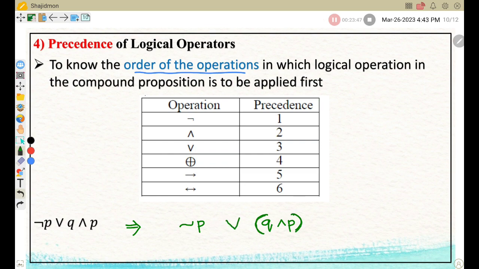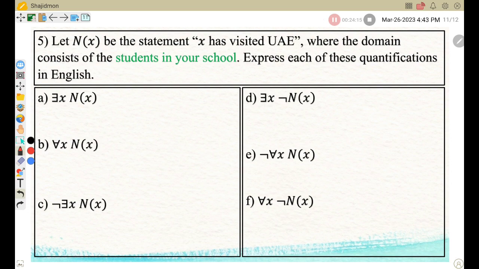After that we need to take the or operation, correct? Negation P or Q and P. So this compound proposition we can write equivalently with the Q and P together in brackets. So this is the precedence of the logical operators. Keep in mind which operation we take first and second. Okay, now we will go to the fifth one.